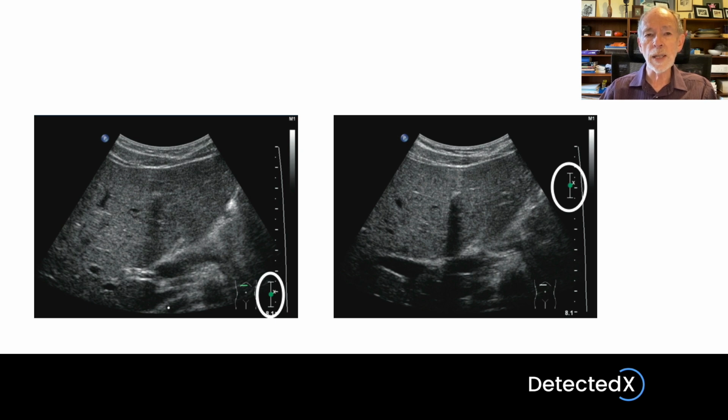However, notice on the right-hand side, when the focus depth is altered so that it is approximately at the same level as the object causing the shadow, the shadow has become much more prominent. So focusing the beam on the shadowing object enhances the shadowing effect. So now we can see that unequivocally we have a shadow.